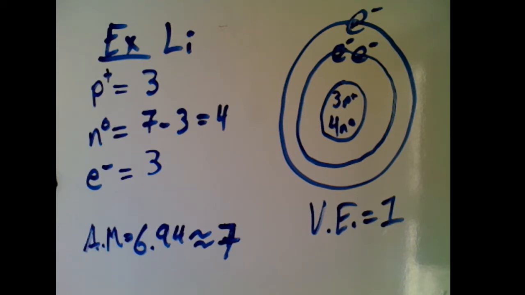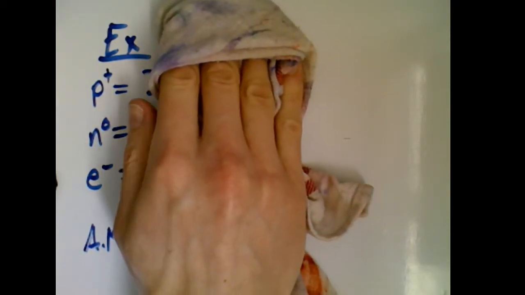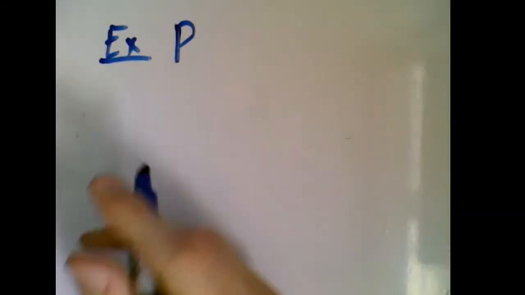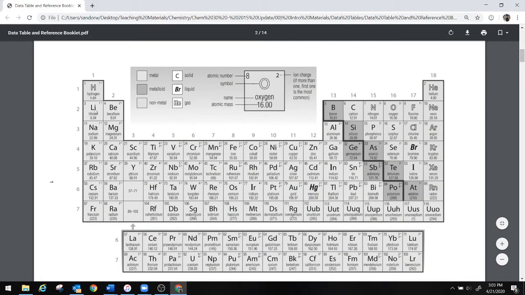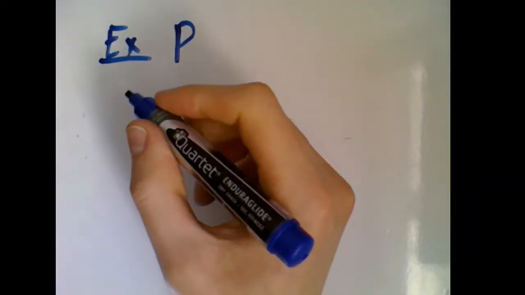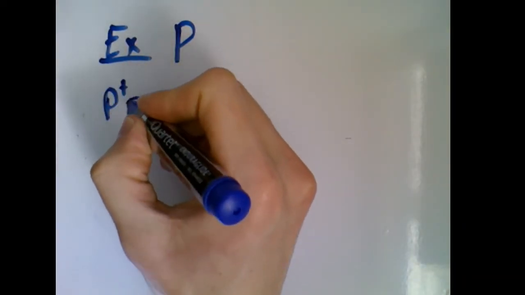So what we're going to do in our next example is we're going to take a look at, let's say, phosphorus. So phosphorus on your periodic table, let's take a look. It's symbol P. And so if we're looking at your periodic table, phosphorus is found in the 15th column, 3rd row. So that's where you're going to find it right there. So if we're taking a look at phosphorus, again, we want to find protons very first.